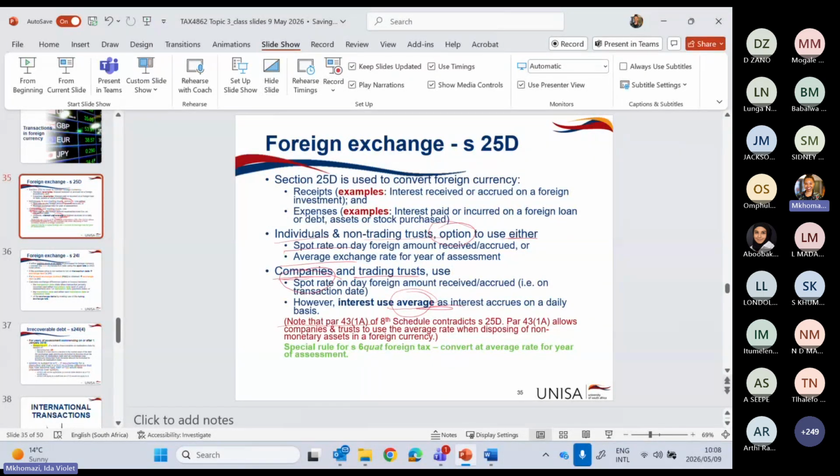Paragraph 43(1)(a) allows companies and trading trusts the option to use the average rate only when they are disposing of an asset in foreign currency. So this only applies if you are disposing of or selling an asset. The companies have an option to either use the spot rate or the average exchange rate.